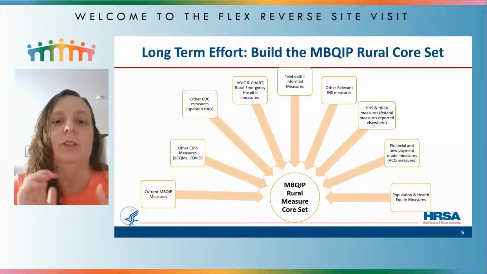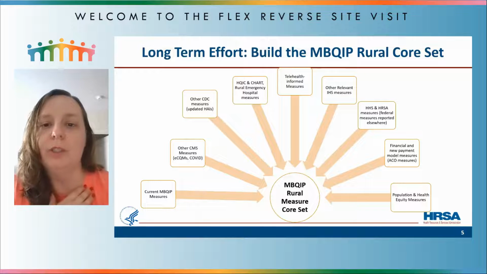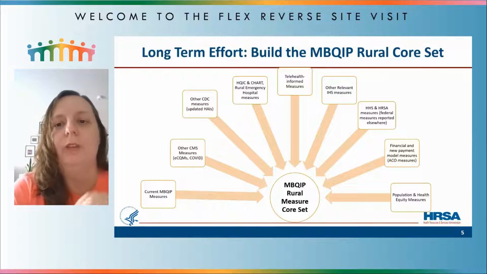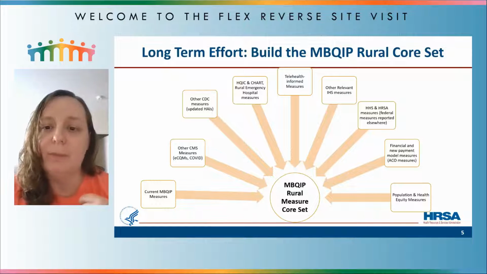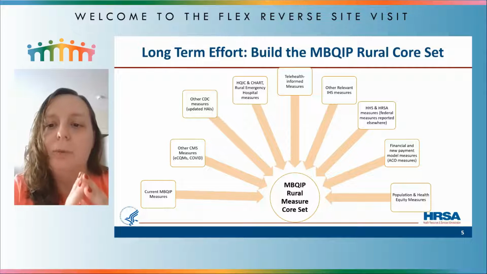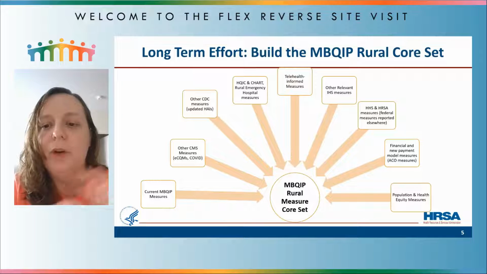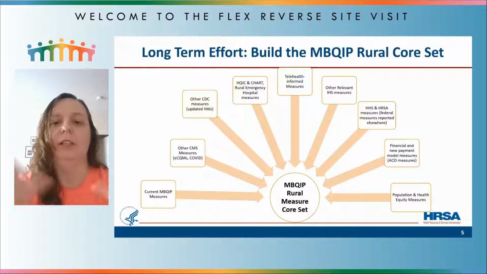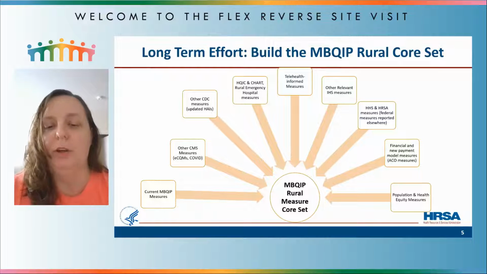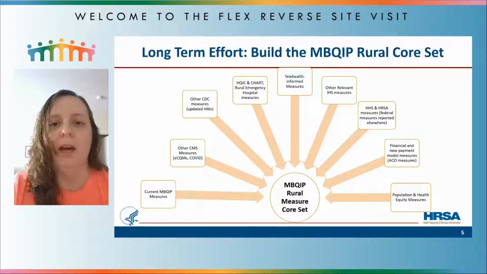There's CDC measures. There's HQIC and CHART. There's rural emergency hospital, telehealth informed measures. There's Indian Health Service measures. She's working between HHS and HRSA measures. There's the financial and new payment model measures, and everything as far as population health and health equity. So there's a lot of things in the long-term effort that are coming together to build our rural measure core set for MBQIP. Next slide, please.